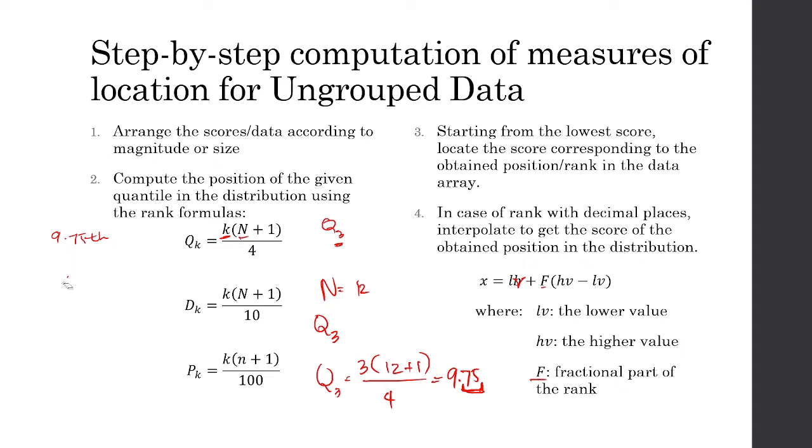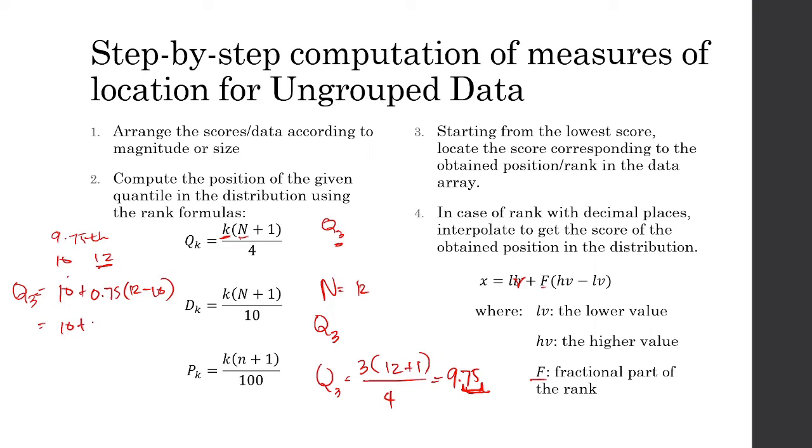So, anong gagawin na natin dyan? We just use that formula. To compute for that third quartile, we have our lowest value, wherein we have 10, then 12. So lower value natin ay 10, plus we use that fractional value which is 0.75. Then we just get the higher value which is 12 minus 10, so we will have 2.